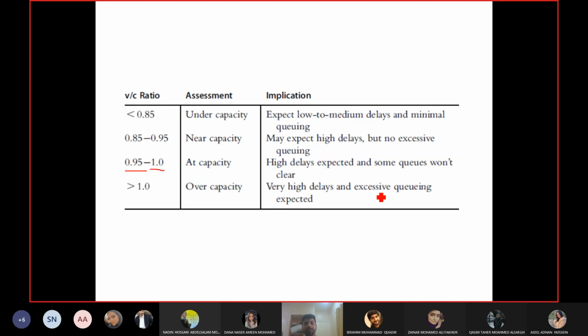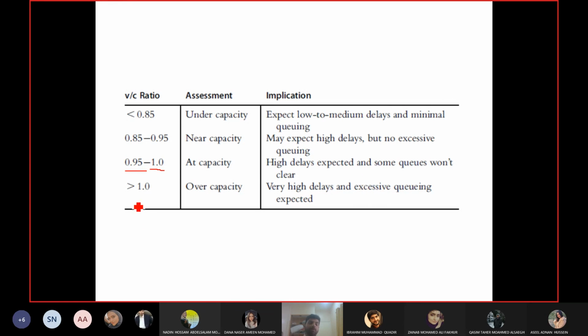You can expect very high delays, and some of the queues may not get cleared, meaning they will not be able to pass during the green time. Some vehicles will be waiting for more than one cycle of the signal. You are in the queue, the signal becomes green, you come closer to the signal, but you are not able to pass. From 0.95 onwards this happens.